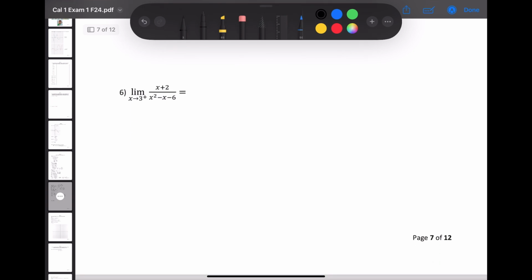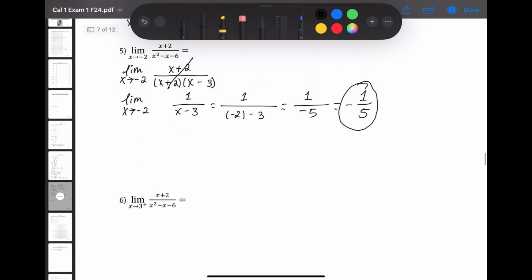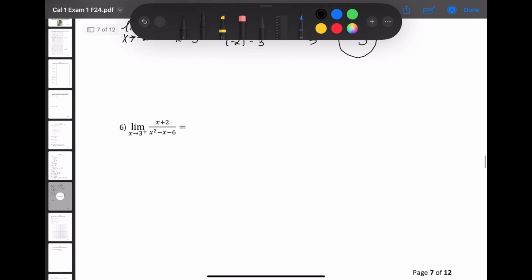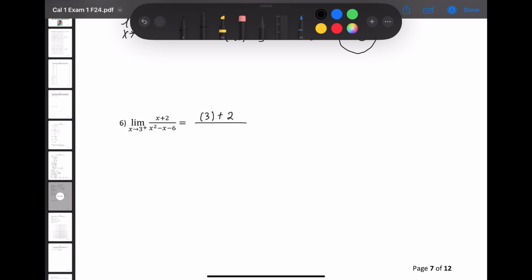So now for number 6, we're going to go ahead and substitute. So we have limit, or yeah, go ahead and substitute 3 plus 2 over 3 squared minus 3 minus 6, 5 over... wait.